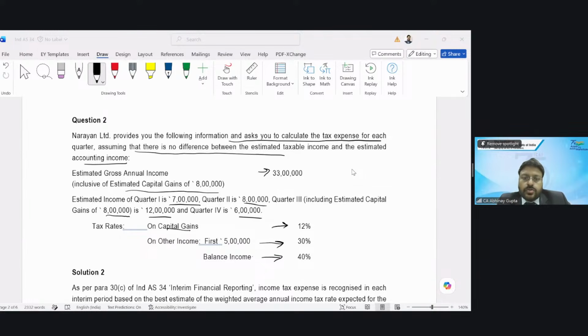Okay, so you are saying, Samanathan, that the weighted average tax rate is 38%. What is the tax expense for each of the quarters?